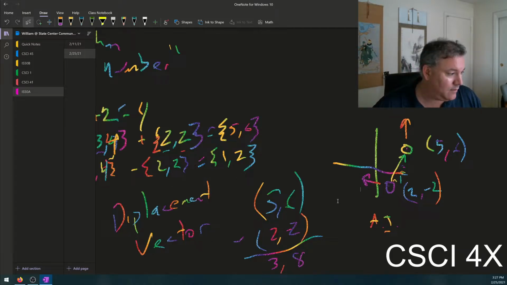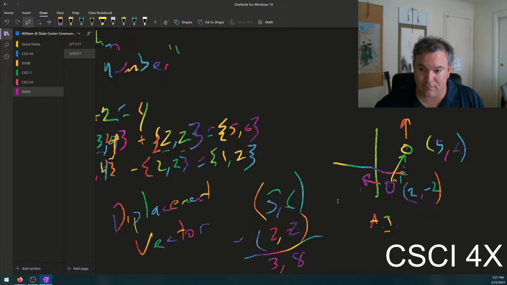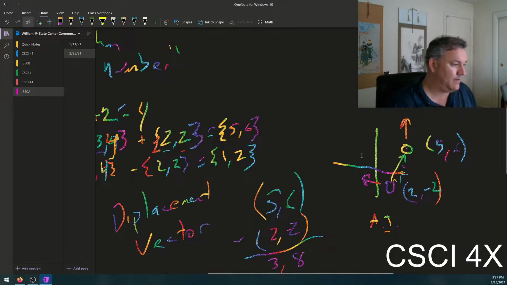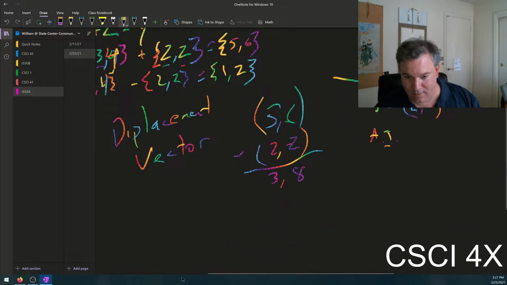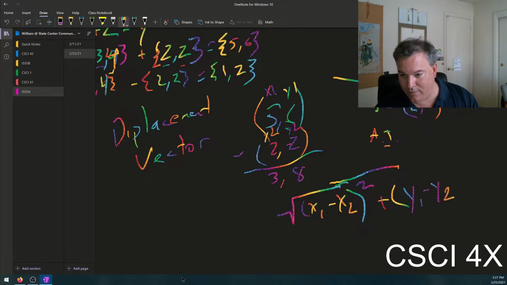Do you guys remember how to do the Pythagorean Theorem from Algebra to compute distances? Okay. So the answer here is, if you have x1 and x2, you subtract their values, and add them to y1 minus y2, square that, take the square root of the whole thing.